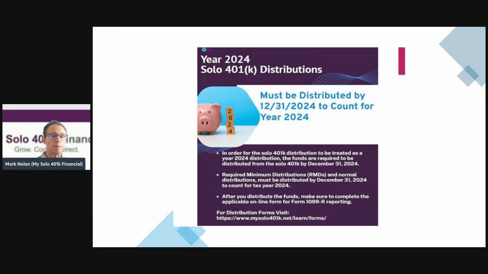So required minimum distributions no longer apply to Roth solo 401k funds, but they do still apply to pre-tax solo 401k funds. Those age 73 or older are required to make distributions from their pre-tax solo 401k funds, and that needs to be done by the end of the year. So a Form 1099-R would need to be issued.